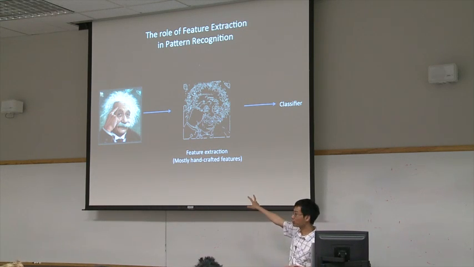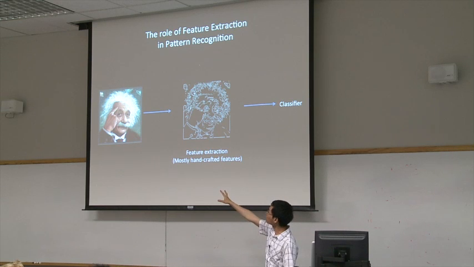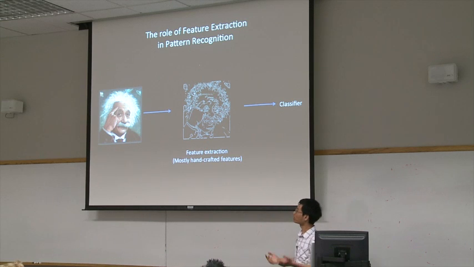But if you change the feature method, then the performance certainly changes a lot. For example, instead of using the raw pixel representation, if I use edge features, it works better. And if I use SIFT features, they work better still. It turns out that feature extraction is a key component in a lot of tasks in pattern recognition, in speech recognition, in NLP as well.